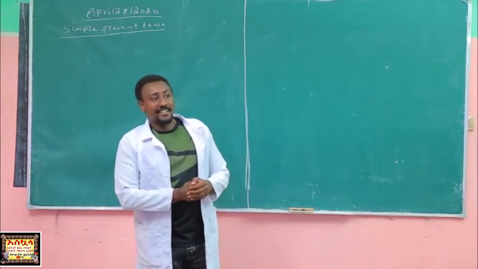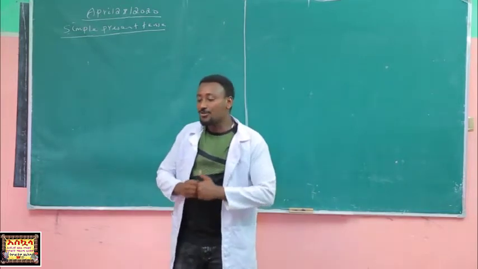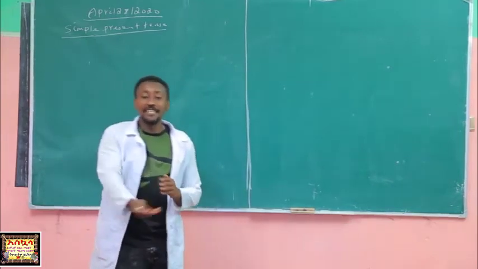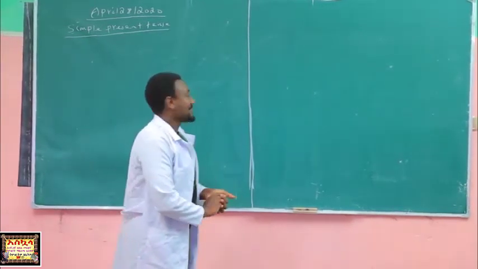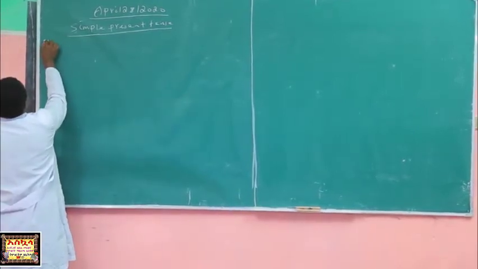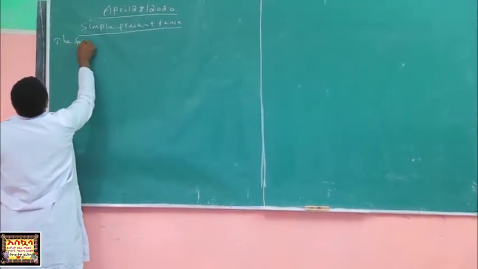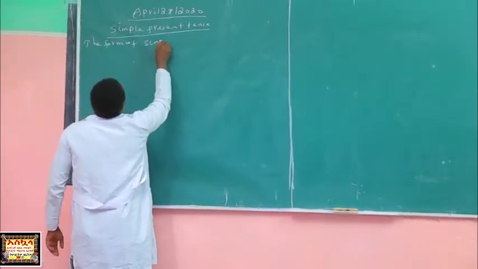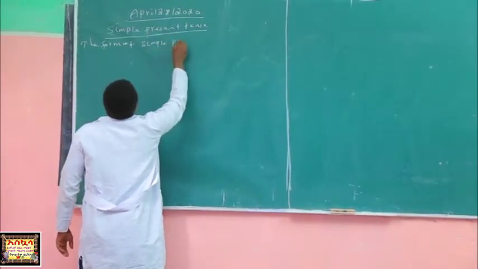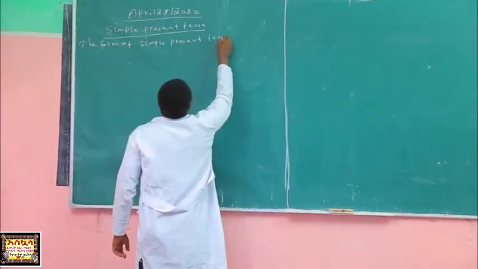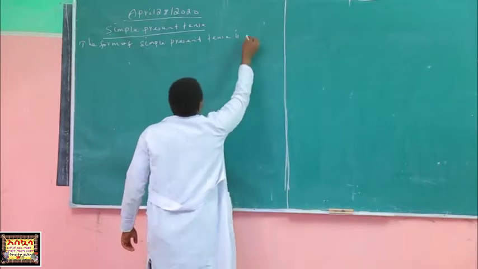Good. Now let's come to the point. I want to give you a short note. I hope you all are discussing with your parents. Now, the form of simple present tense is, what is that?